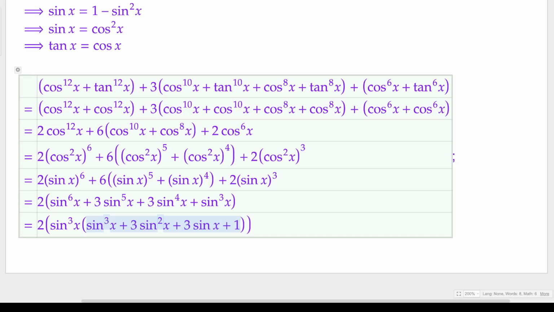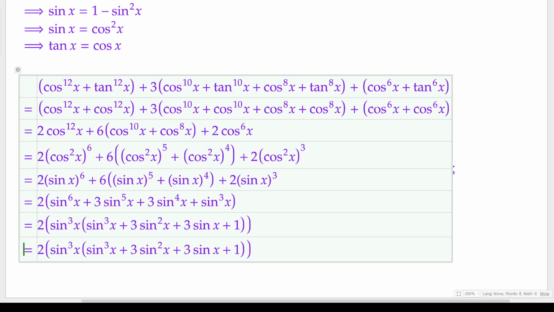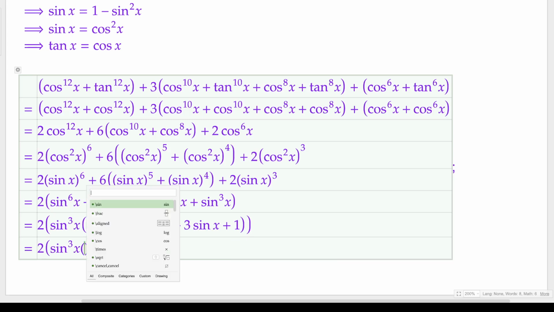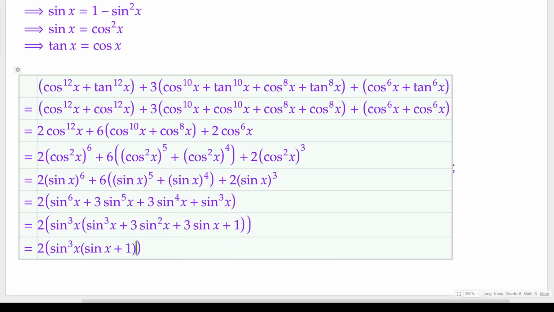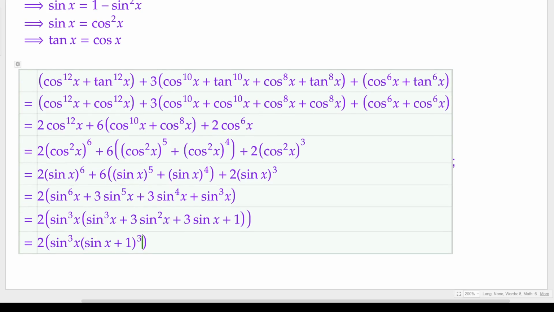So here we have a cube plus b cube, 3ab square and 3a square b, right? So that format is available here. Now I'll proceed and compress this expression. Now here, this will be written as sine x plus 1 whole cubed, right?